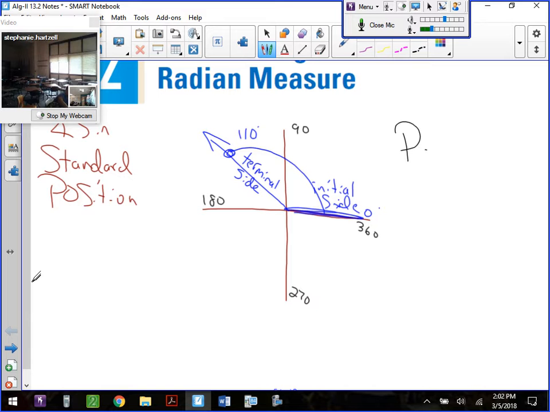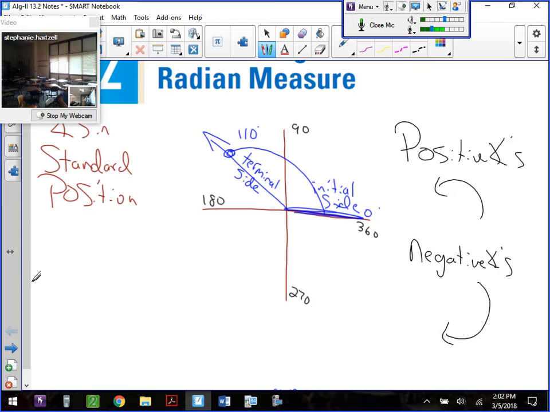So positive angles go counterclockwise. And then negative angles, which is a thing, go clockwise. Negative angles just mean you're going the other direction. So if I said negative 60 degrees, that just means I move down here 60 degrees. That's all that means. It's just direction.